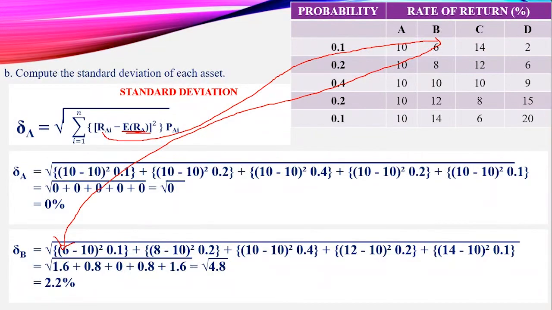So I take the 10% here. Then I subtract 6 less 10, then I square that, right? You see that? So you take 6 less 10, that will give you negative 4. You square that, it will give you 16, but multiplied by 0.1, it will give you 1.6. So what you are squaring is these two.